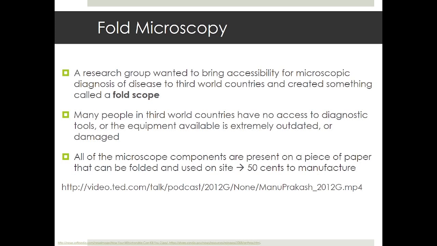It's not going to have the power of some of the microscopes that we've seen today, but it's certainly good for use in the field, good for places where there's not necessarily a lot of resources for procuring this type of equipment for a regular laboratory, for example, and they cost 50 cents to manufacture.